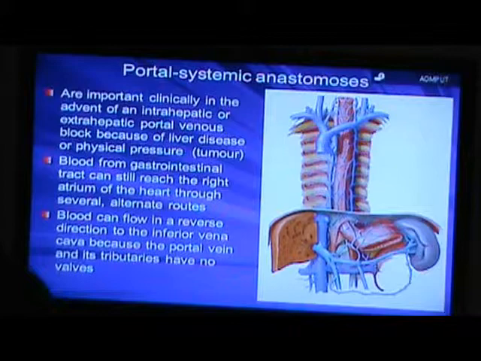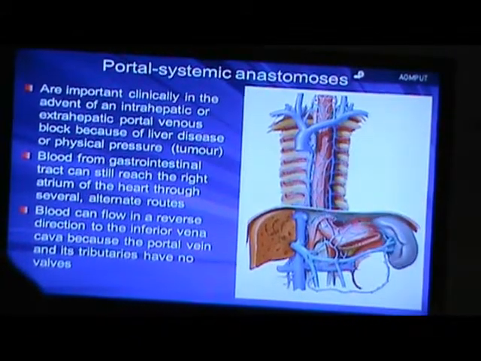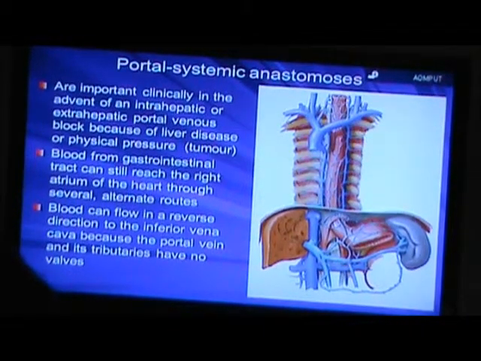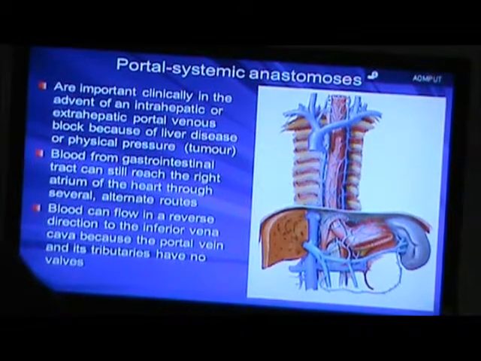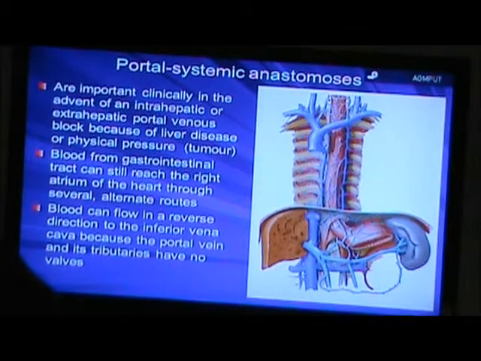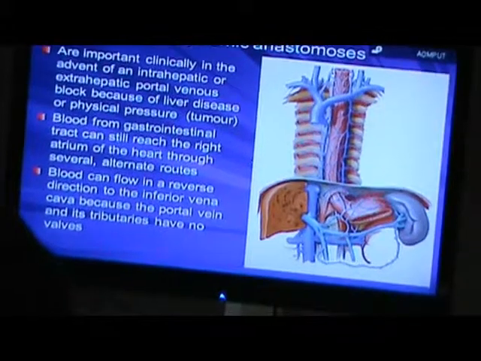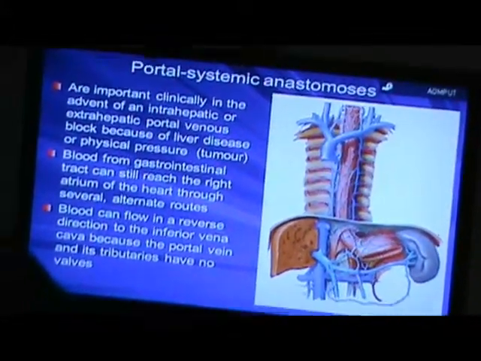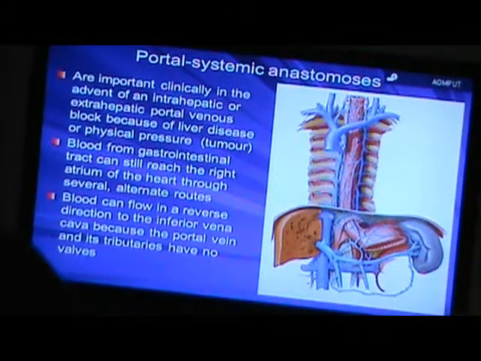So blood from the gastrointestinal tract can still reach the right atrium, so the heart, through several alternate roads. So blood can flow in a reverse direction to the inferior vena cava, or superior, through the azygos, because the portal vein and its tributaries have no valves.